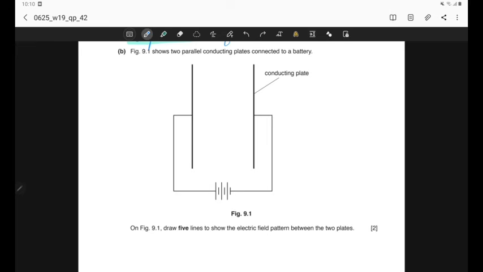In an electric field, the field lines will always point from the positive side to the negative side. This is very important. So let's look at the given figure to see which plate is positive and which plate is negative. The plate connected to the negative terminal of the cell will be negatively charged. So the plate at the right side is negative and the plate at the left side, which is connected to the positive side of the battery, will be positive.